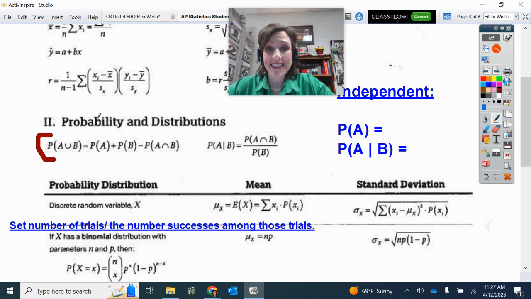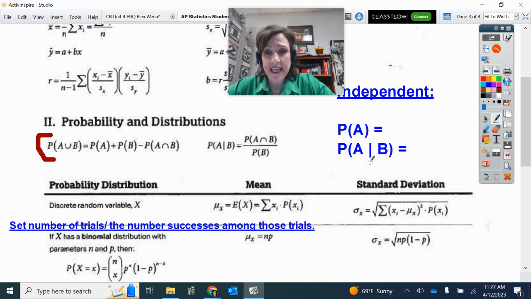Now, something that is not on the formula chart, which is used in this problem, is the idea of proving or computing to check and see if two variables are independent. So in this case, we used this overall rate of A, and then the rate of A conditional upon B happening.